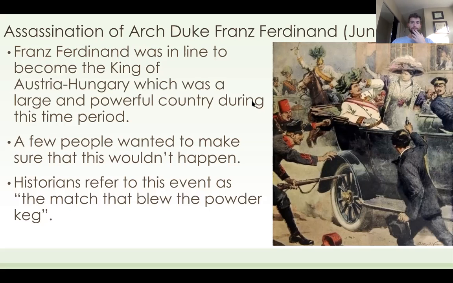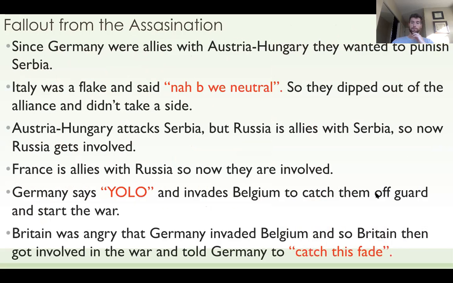And his assassination kind of set off a domino effect because of the alliances that other countries agreed to, to protect each other, right? And you're going to learn more about that too in the homework assignment. But this is the Mr. Tomei guide of kind of what happens. So Franz Ferdinand assassinated, okay?